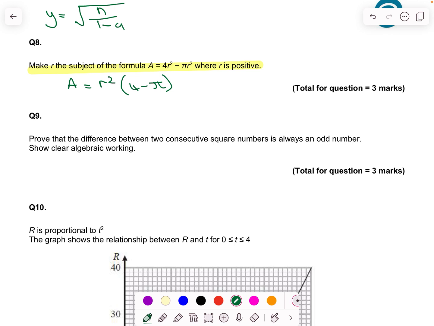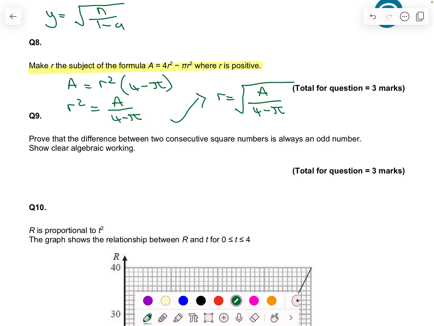Then I can divide by (4 minus pi) to get that R squared equals a divided by (4 minus pi). And then I square root. And so my answer is R equals the square root of a over (4 minus pi).